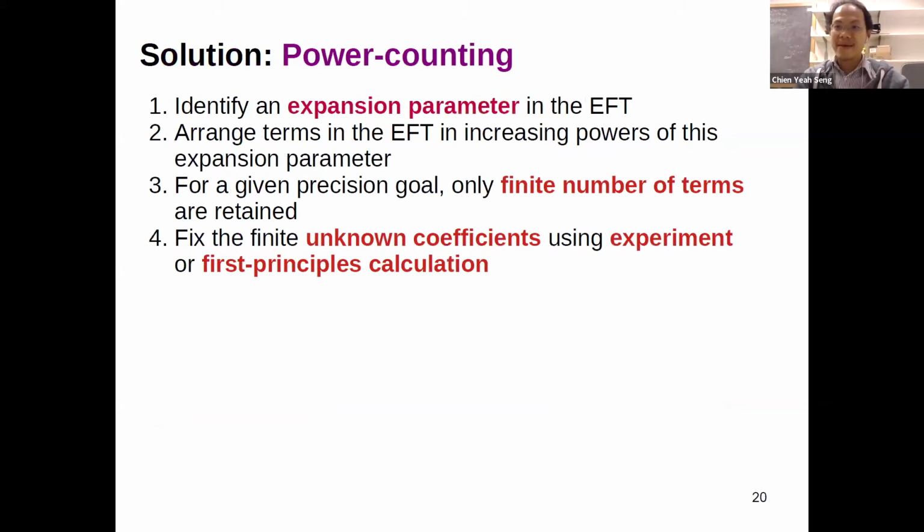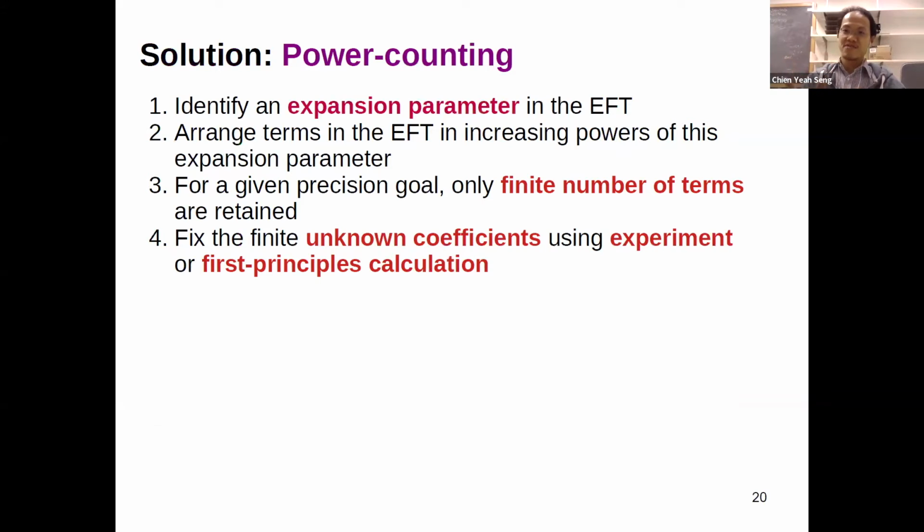And the concept that saved the situation is the so-called power counting. It says that you have to identify an expansion parameter in the effective field theory which is small, and then you arrange all the terms in the effective field theory in increasing power of this expansion parameter.